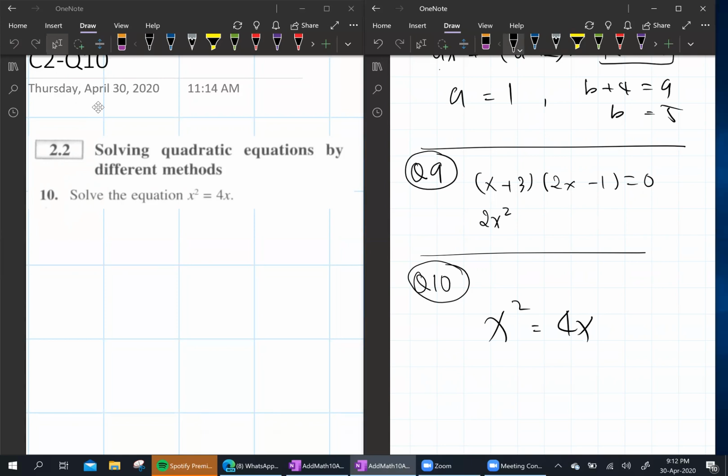Is it x equals to 2? No, you try and see again.